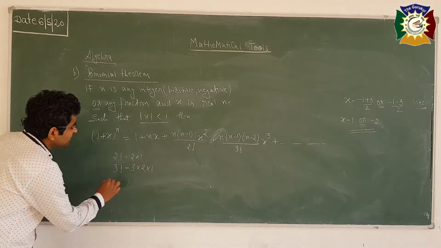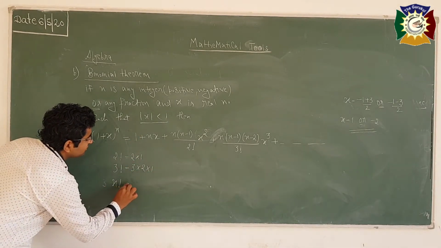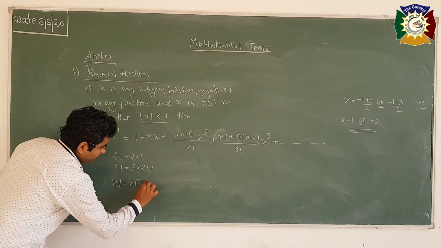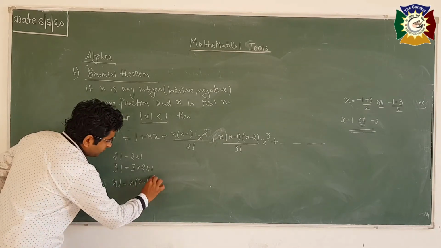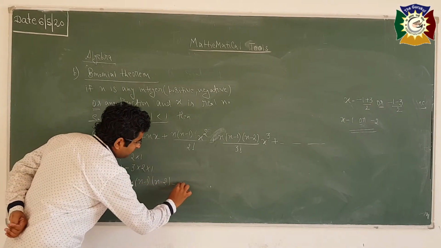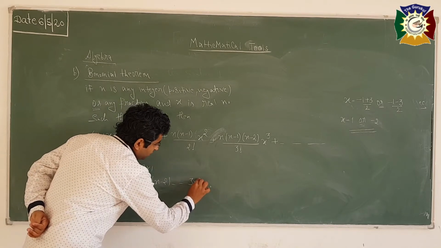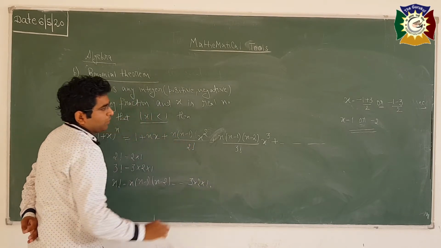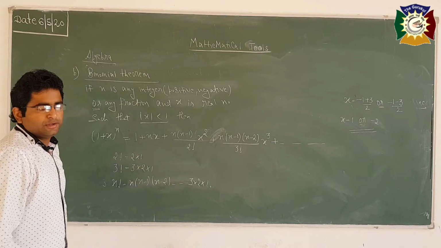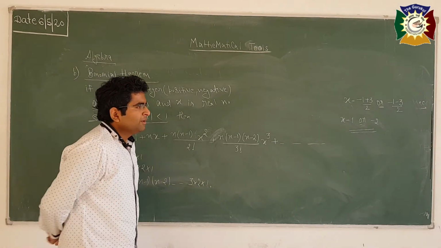In general, we can say that n factorial is equal to n into n minus 1, n minus 2 up to 3 into 2 into 1. Clear?